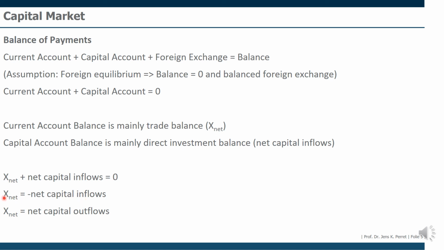So here, our equilibrium condition becomes simply net exports need to be equal to net capital outflows. If this is fulfilled, we have a foreign exchange equilibrium. So operating under the assumption that this foreign exchange equilibrium has been achieved, we can use this formula to replace net exports with net capital outflows. That's something we keep in the back of our minds.